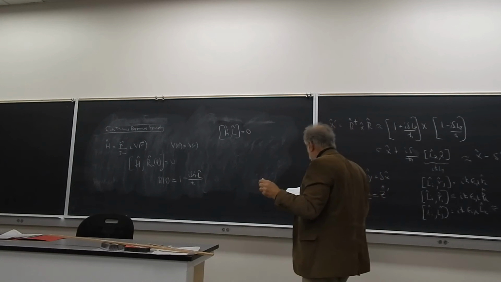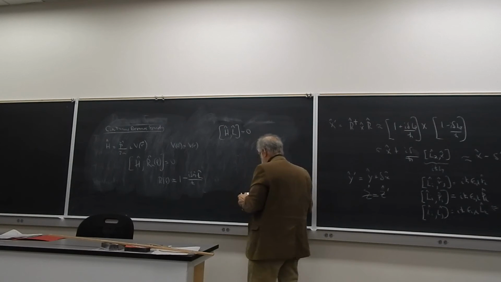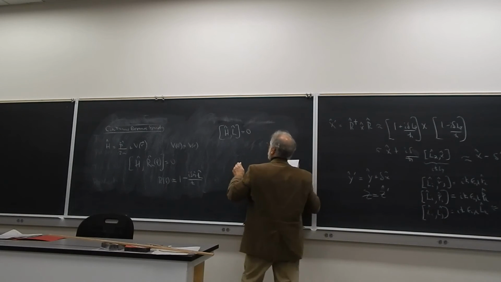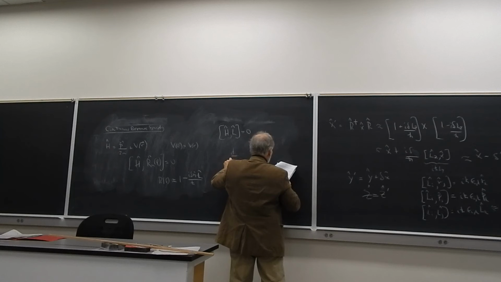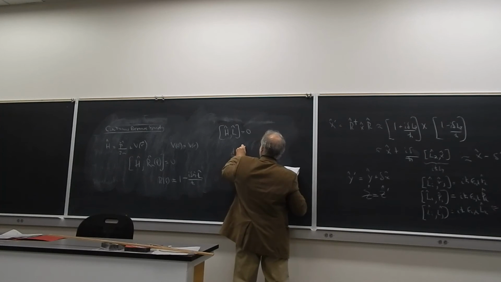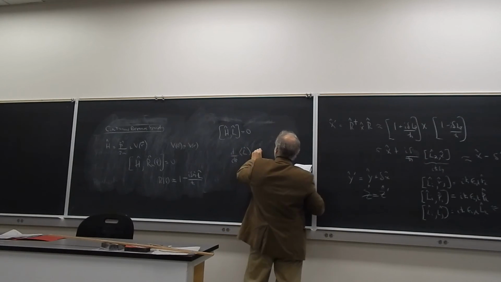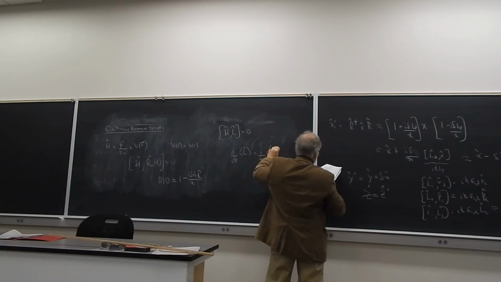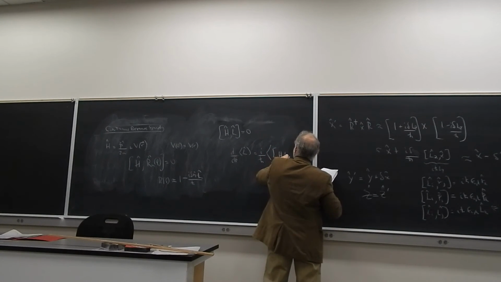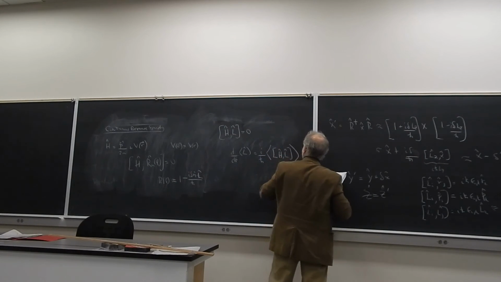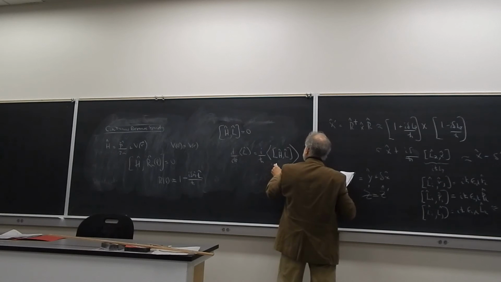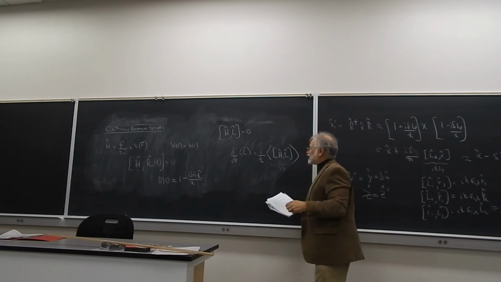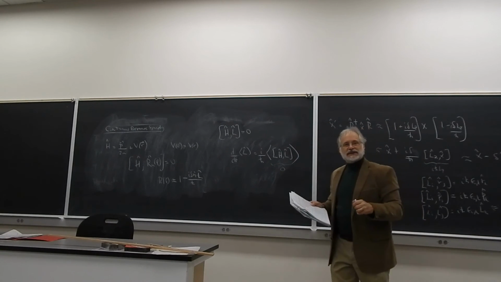All that combined tells me that for a central potential, by Ehrenfest's theorem, the time derivative of my angular momentum operator I could write as i over h bar times the expectation value of the commutator of H and L. Since this is 0, this tells me that the time derivative of angular momentum is 0.